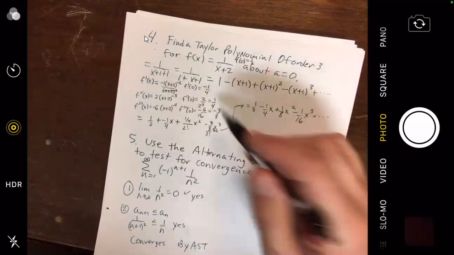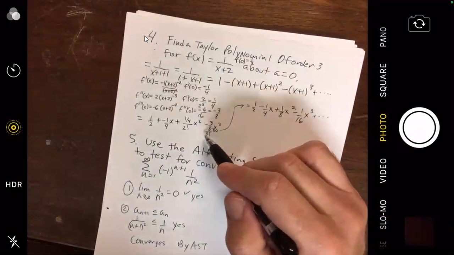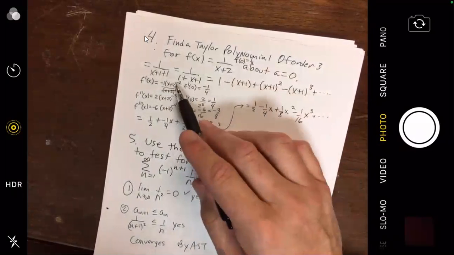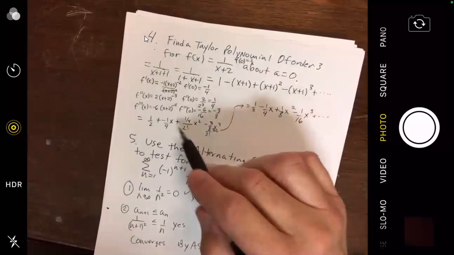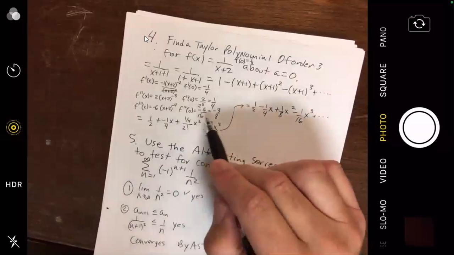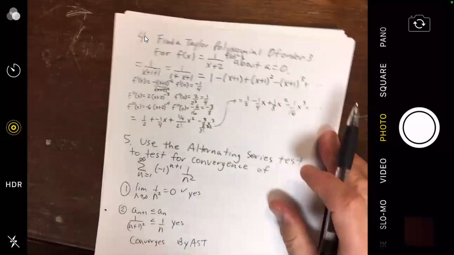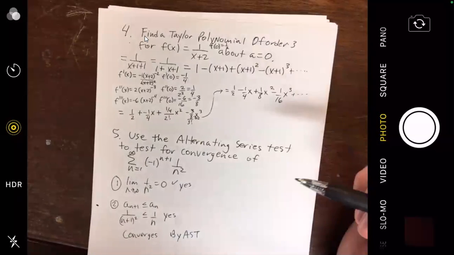Let's see, I'm using Taylor's full formula. So I can do it that way. F prime works like this. F double prime, triple prime is x, and F triple prime is 0. And I wind up with these.